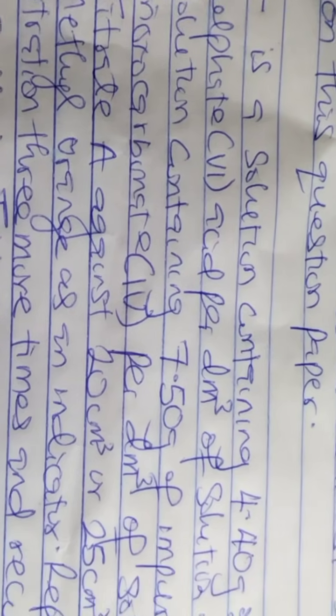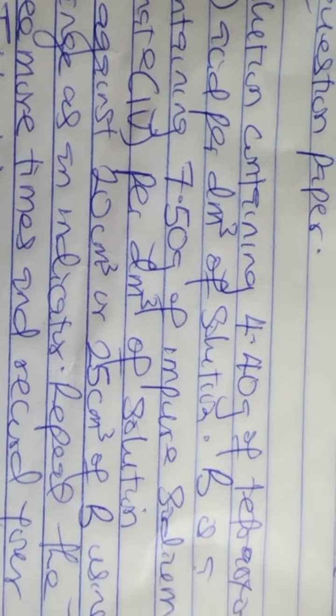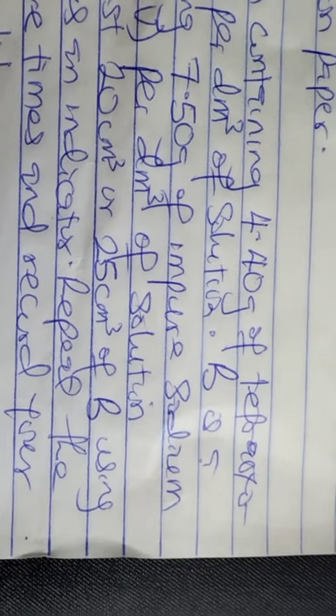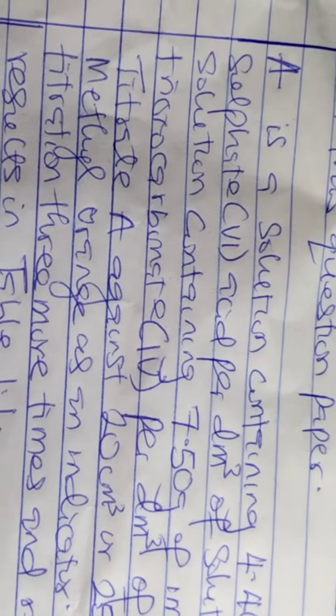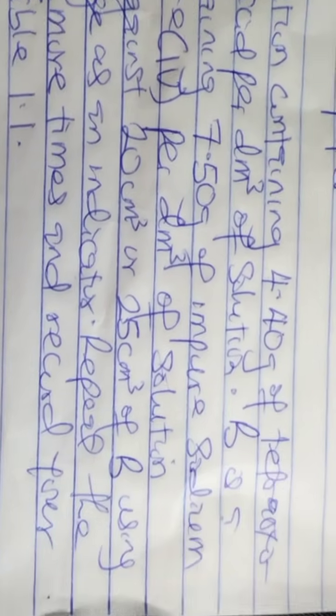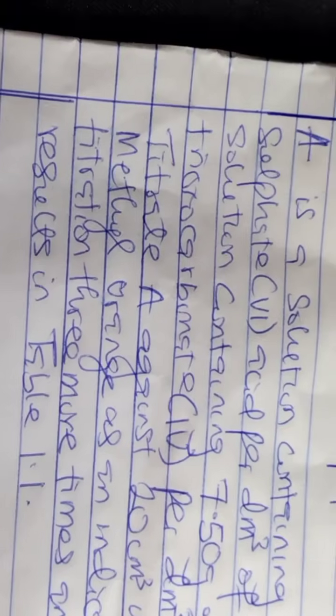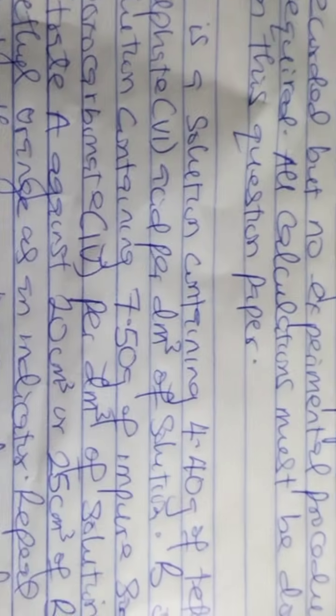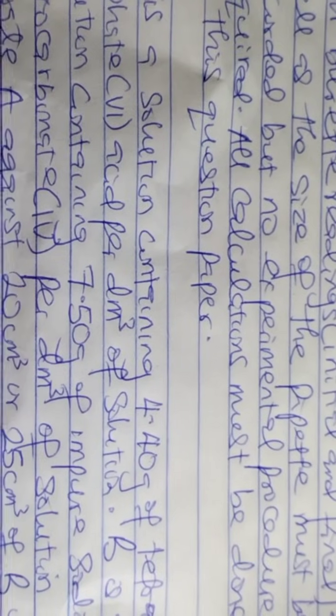Titrate A against 25 cm cube of B using methyl orange as an indicator. Repeat the titration 3 more times and record your results in table 1.1. So we'll go to the table right now.